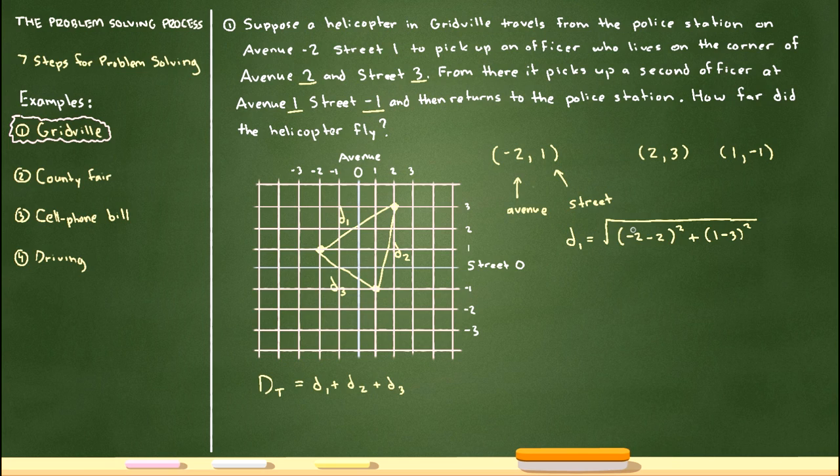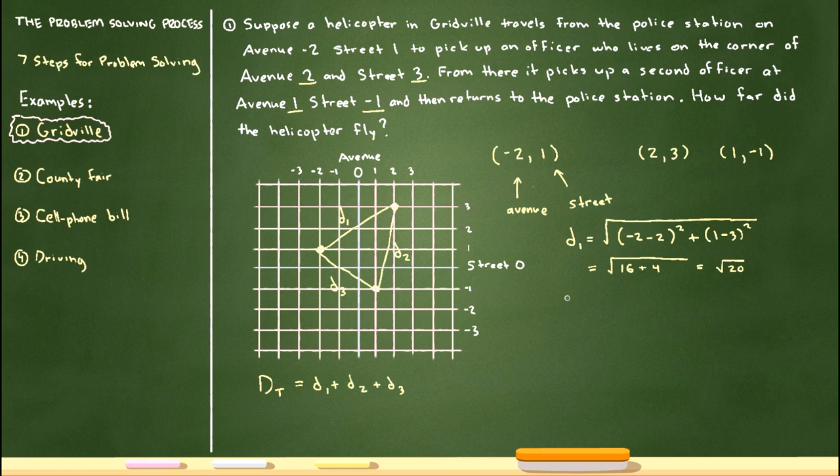And that just comes from the Pythagorean formula. So let's see what we get for this. This is going to be the square root. This is going to be -4 squared, which is 16. And this will be -2 squared, which is 4. So we get the square root of 20.